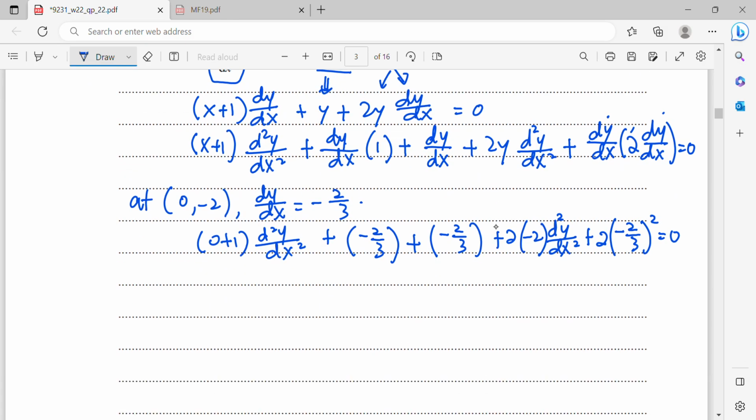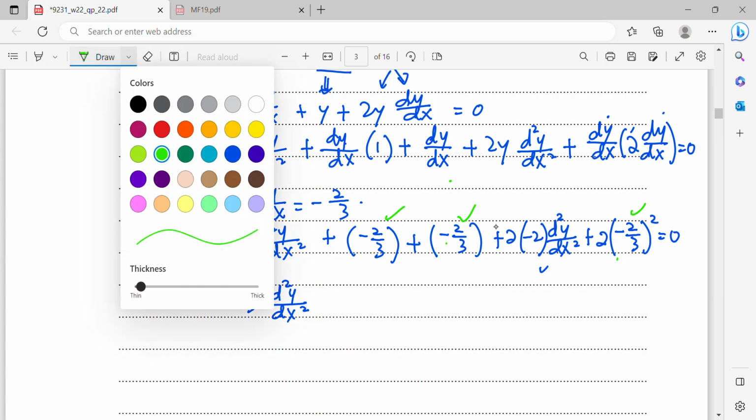So the first one is 1 d squared y over dx squared, and this is minus 4 d squared y over dx squared. When I total up, it will be negative 3 d squared y over dx squared. For the rest of the constants, they will be moved to the right side. So here minus 2 over 3, minus 2 over 3, and this is 2 times negative 2 over 3 squared.